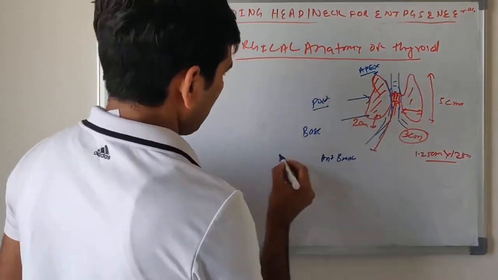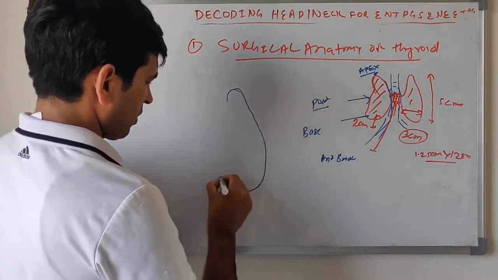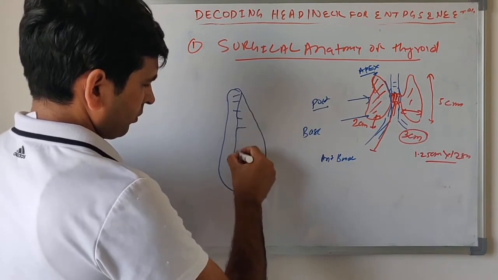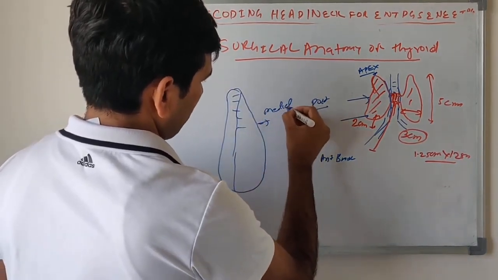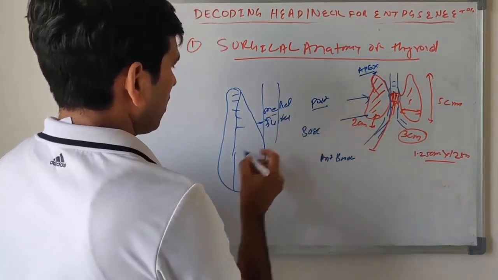Three surfaces. If we draw this, suppose this is the lobe. This side is the medial surface, toward the trachea.